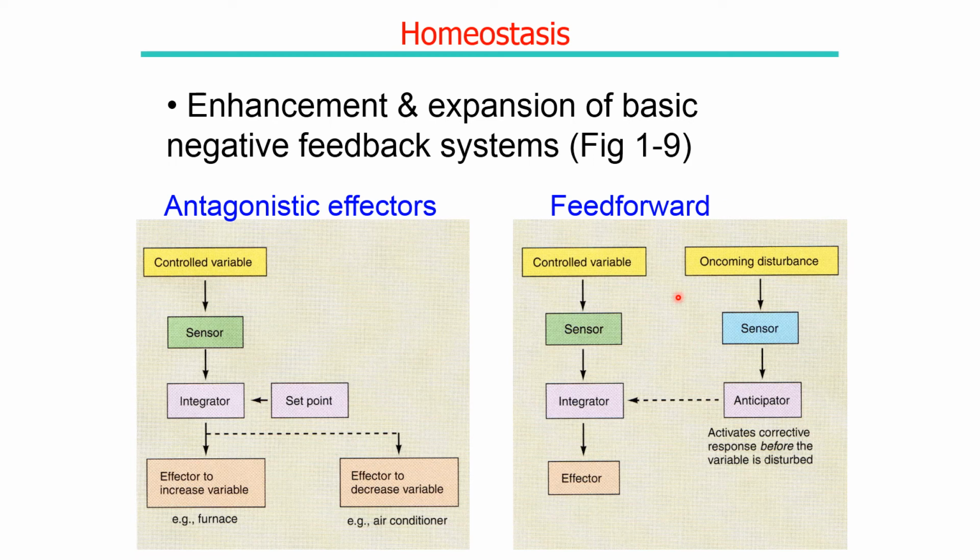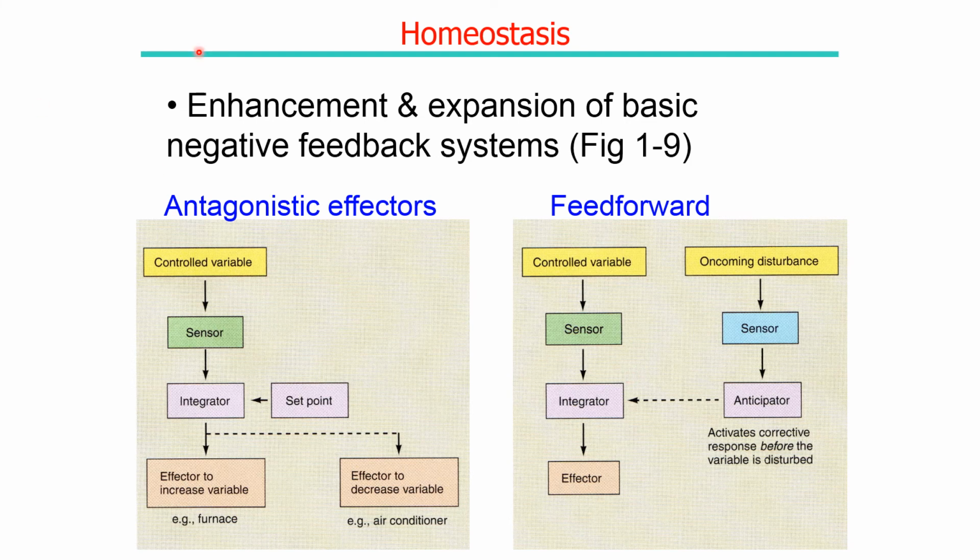For example, if we take a meal, that meal is converted into sugar, and the level of blood sugar increases. That is detected by the receptors in blood vessels, and they send information to the integrator to release insulin from the pancreas to move this sugar into muscle cells and liver cells.